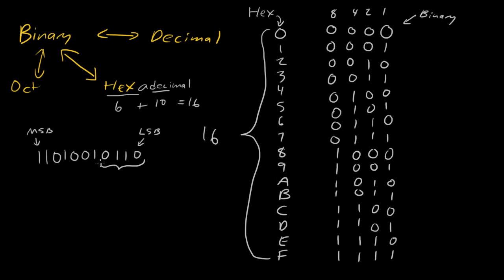I look at this in chunks of 4 because I have 4 bits on this side for each hexadecimal number. There's 16 possibilities, and 2 to the 4 is 16. That's why this works: 4 bits represent 16 possibilities.